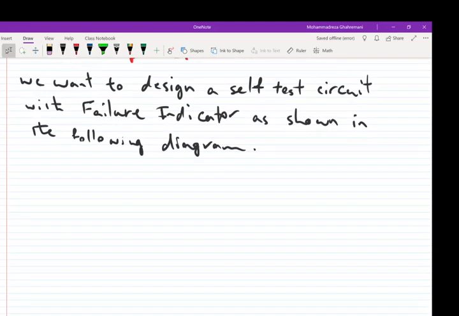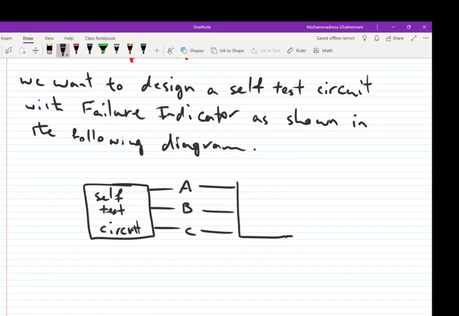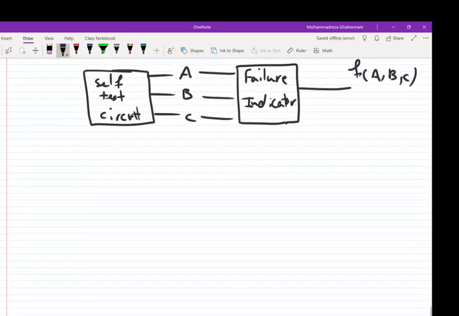Okay, here is the diagram. We have a self-test circuit which has three outputs: output A, output B, output C. These outputs enter a failure indicator circuit, and the output is here. So how does it work?